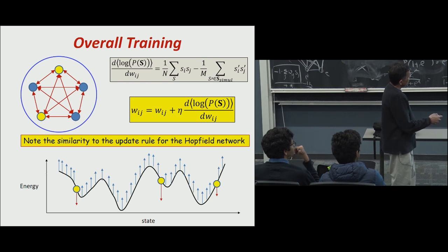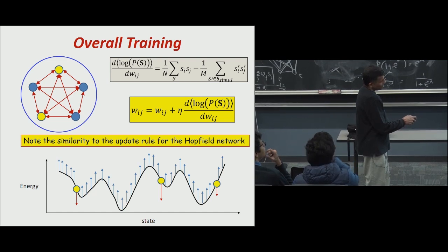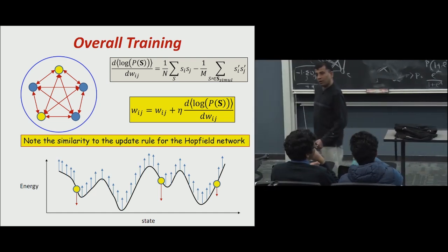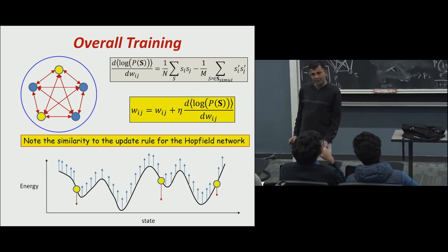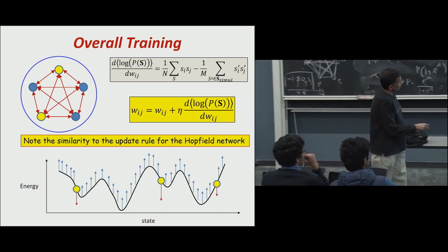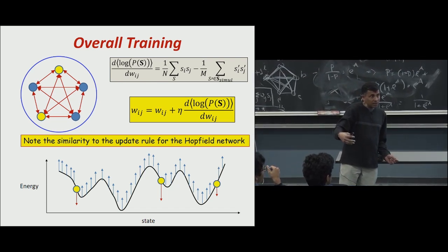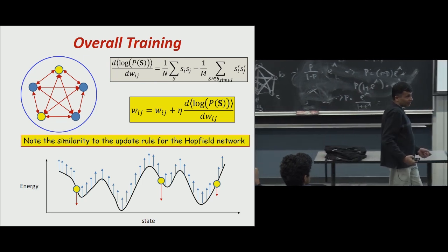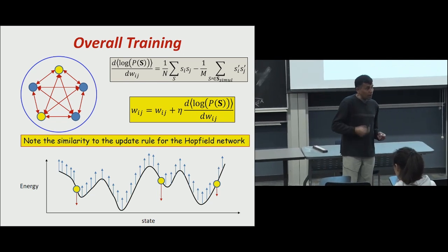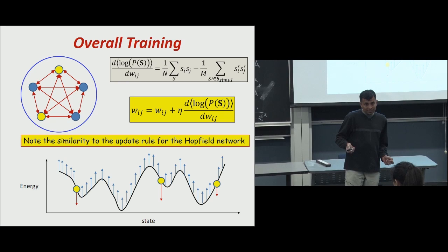This first term is basically the average product for all of the target states that you want to get. The second term is simply, you want to pull up every single state, but you know that you cannot pull up every single state. Even when we were training the Hopfield network, what did we do? We sampled, right? We just let it randomly evolve and got samples. That's basically what we are doing still.